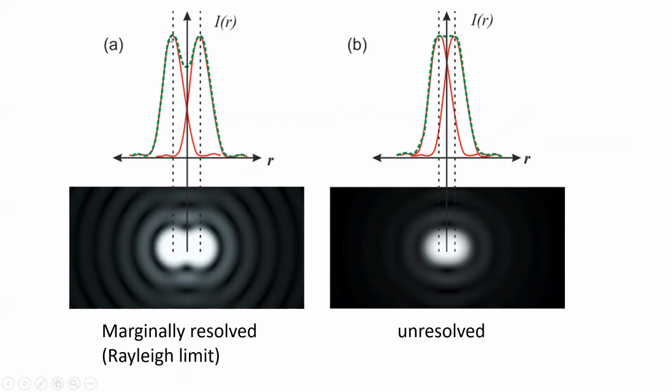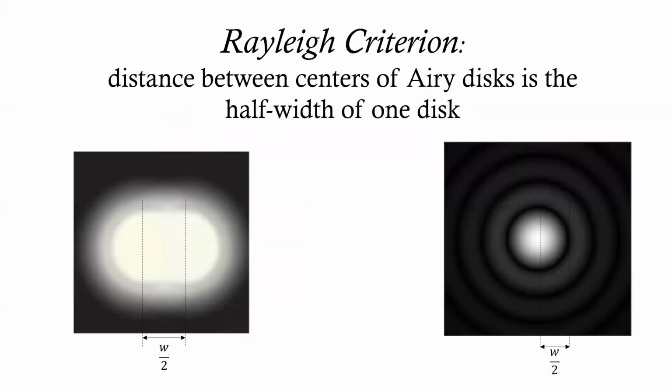So when the separation between the centers of the airy disks is equal to the half width, you can just barely tell that those are two separate sources. In other words, you are able to resolve them. So that's what I stated here in words. The distance between the centers of the airy disks needs to be equal to the half width of one disk.